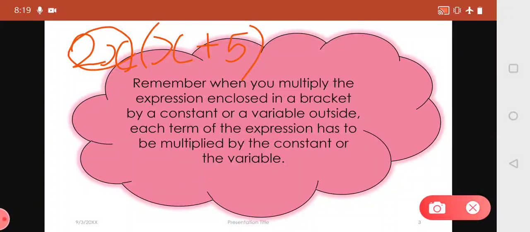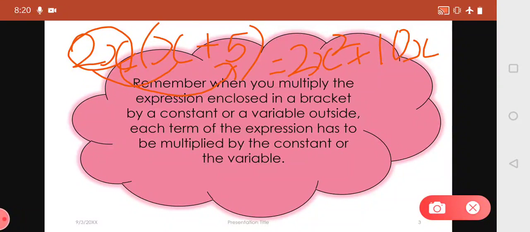So when we are doing the multiplication, we have to multiply 2x with x first, and then we have to multiply 2x with 5. So we will get the answer as 2x square plus 10x.